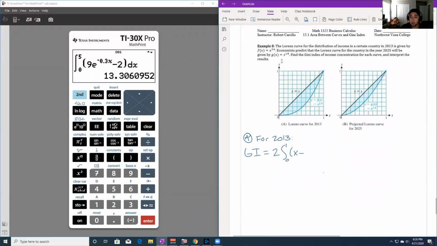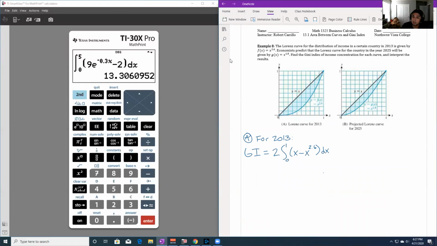Okay, so for 2013, our function's x to the 2.6. So we get x minus x to the 2.6 dx.